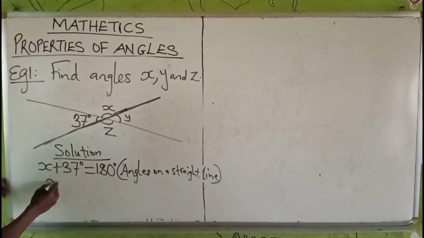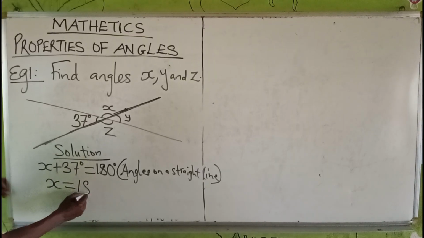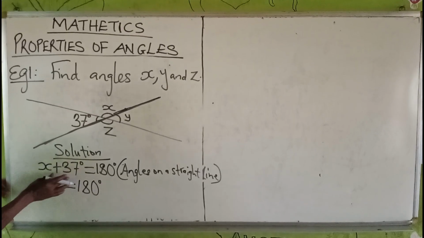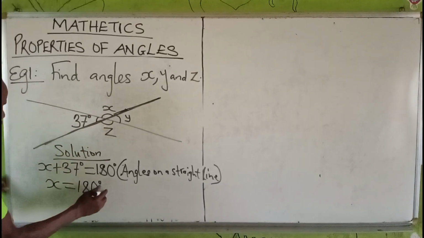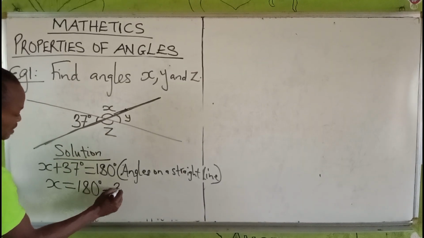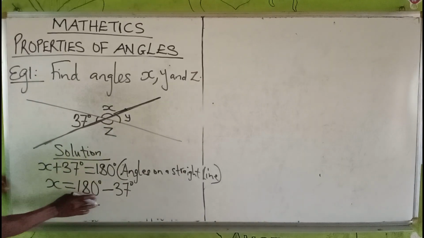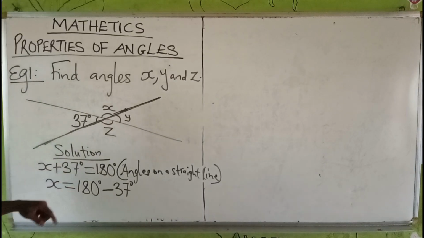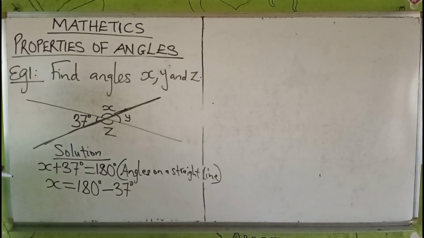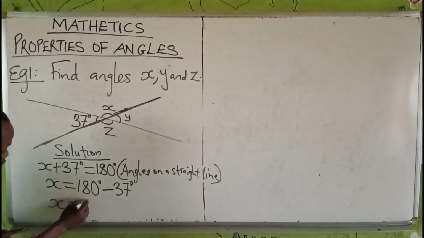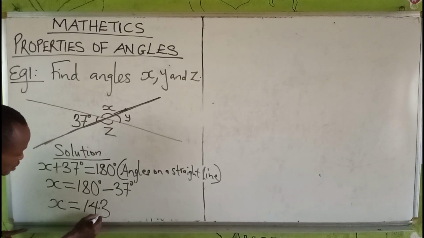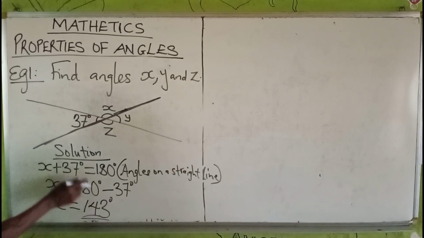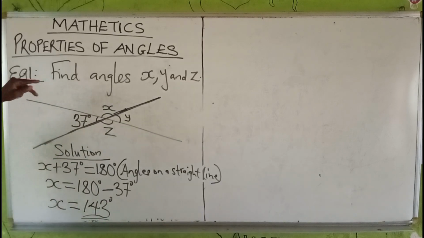That means x is equal to 180 degrees minus 37 degrees, since 37 comes this way as minus 37 degrees. And 180 degrees minus 37 degrees will give us 143 degrees. That means angle X is equal to 143 degrees. So that is the answer to angle X.